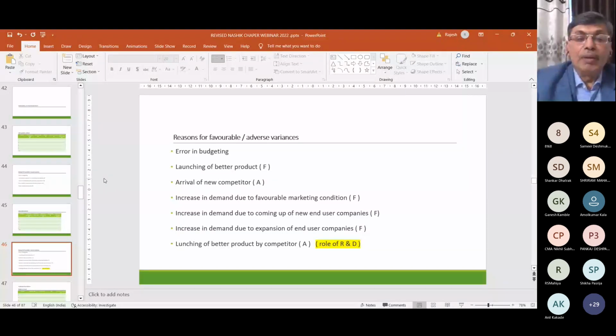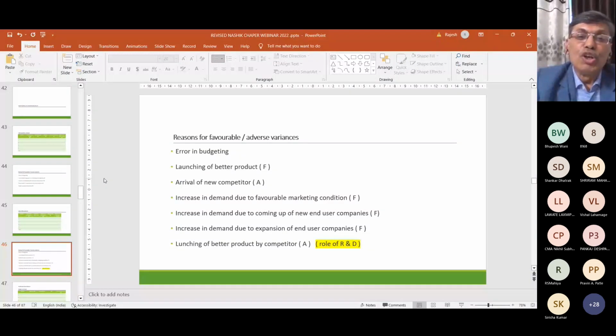Launching of better product by competitor. Here the role of R&D is very important, so it's controllable.